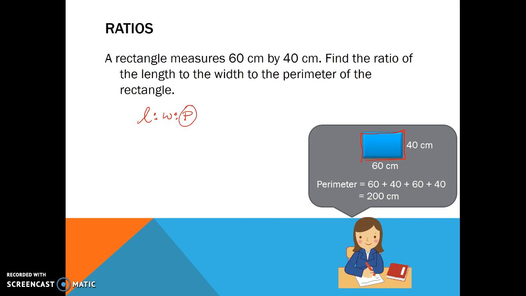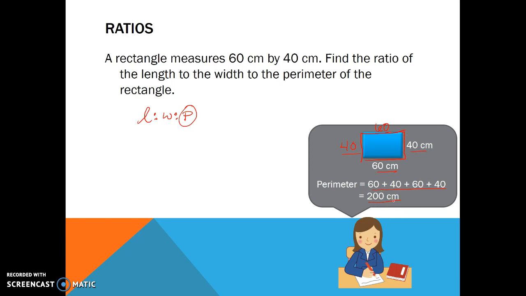It could be a yard, it could be a house, who knows. But we have 4 sides to deal with. Since we know the long sides are 60, and the short sides are 40, we're going to add all those up: 60 plus 40 plus 60 plus 40, and that's going to equal 200 centimeters.